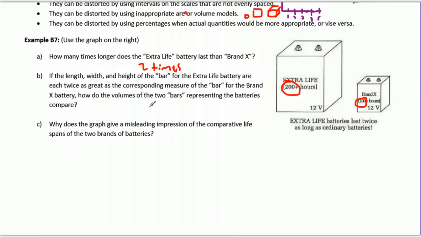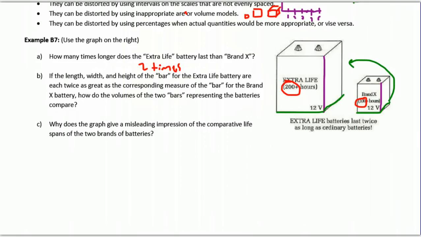Part B says, if the length, width, and height of the bar for Extra Life battery are each twice as great as the corresponding measure of the bar for brand X, how do the volumes compare? So what it's saying here is, if this line, the height, is twice as long as this, and you also double the width and the front side length going from this to this, then every one of these would be doubled.